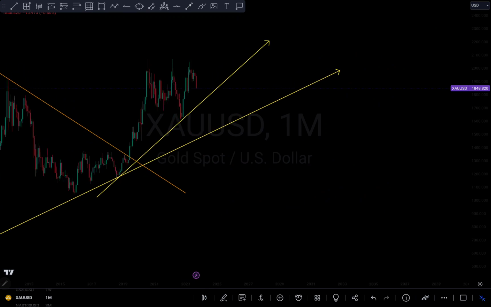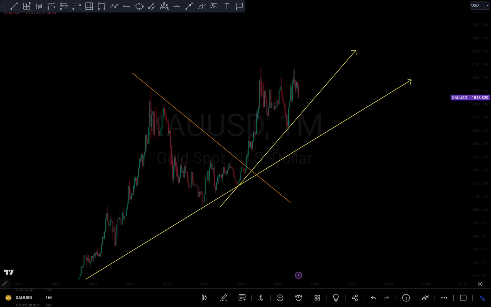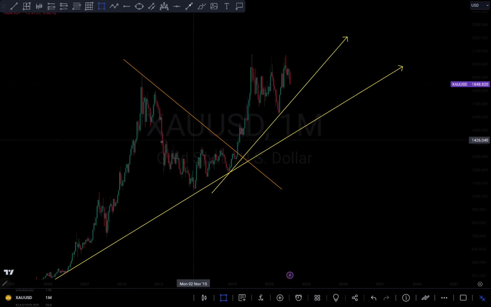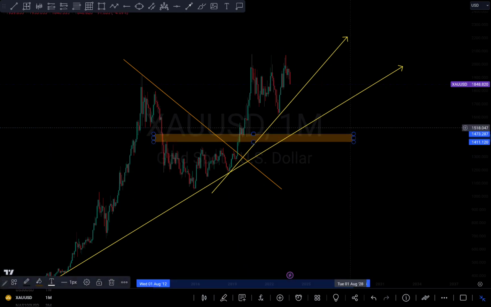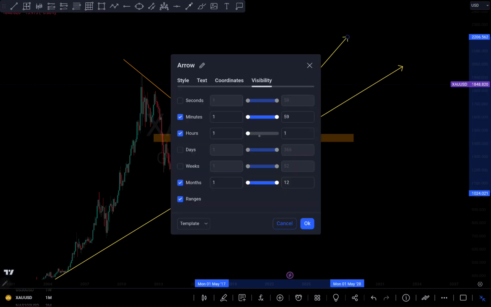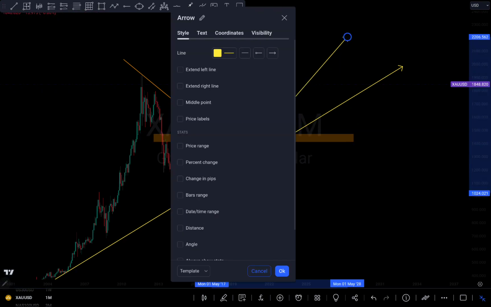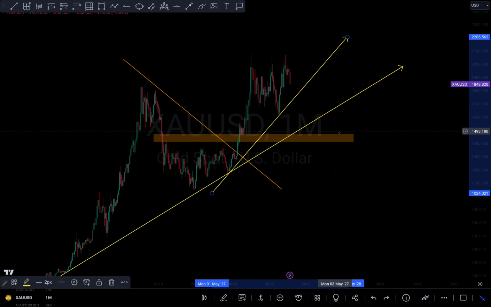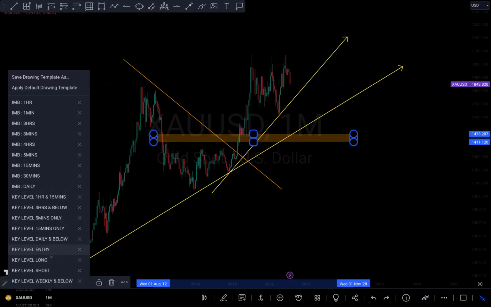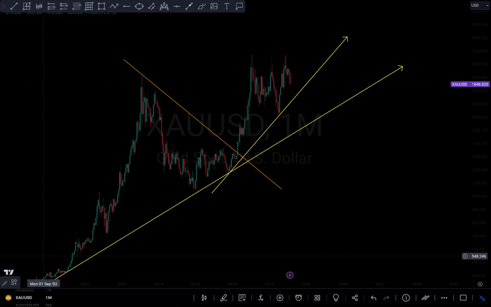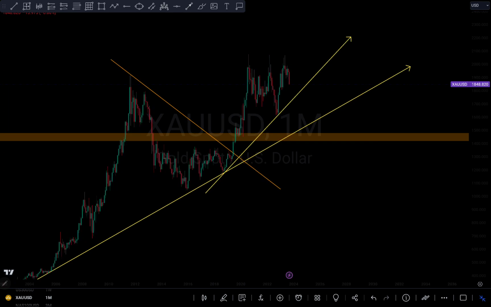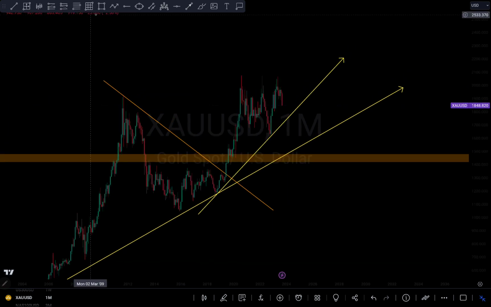So now let me explain what that means. If I draw a zone right here, I'm using this rectangle box to draw the zone. Let's see, I want it to extend left, the long one. Now let's see one here.